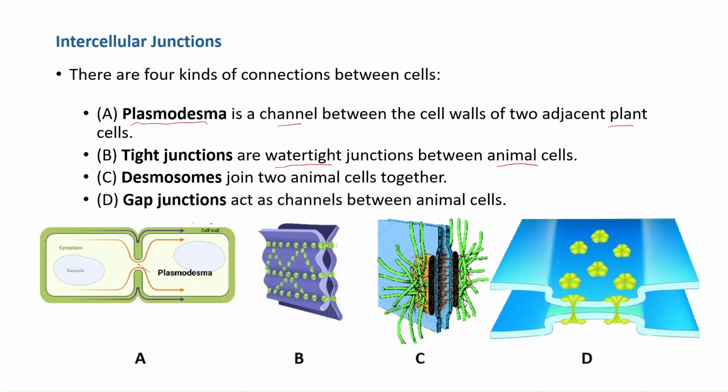Think, for instance, of the cells that line your stomach. The digestive juices inside the stomach and the hydrochloric acid would be very, very dangerous. If they could seep slowly between the cells, they could get out of the stomach and cause damage. But because you have tight junctions, they're watertight, they stay in the stomach, they cannot come out.